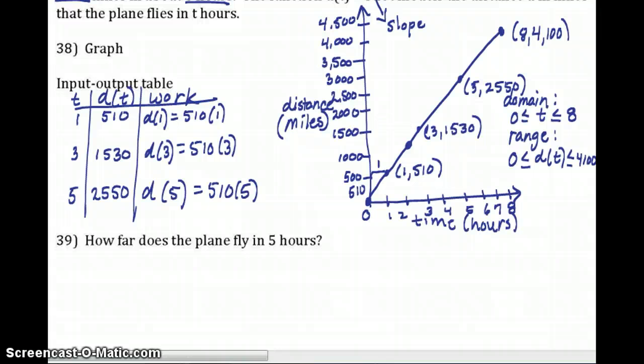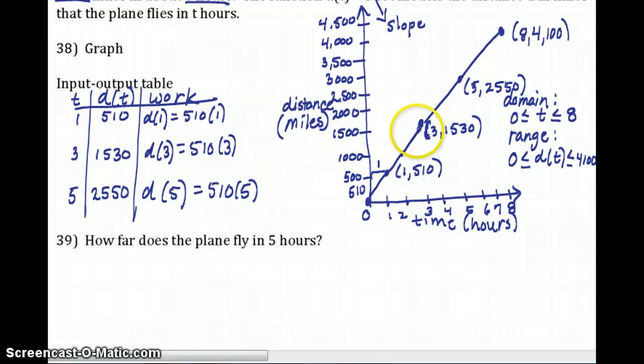Okay. So we're going to go up to our second hour. Oh, this point is in the wrong place. Let me get a smaller eraser. Let's fix this. So there's hour 3, 1,530 is right there. I wrote the point in the right place.